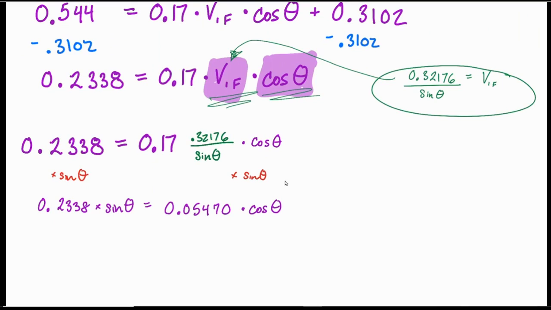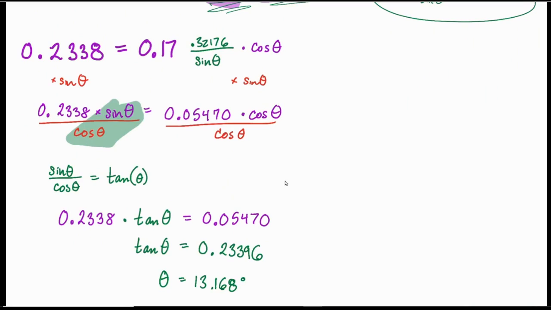All right, now I've got a cosine on that side. I'm going to divide both sides by cosine now. The reason why I'm doing that is because I noticed that I had a sine and a cosine, and I know that sine divided by cosine is equal to tangent. So I substituted in sine over cosine for tangent.